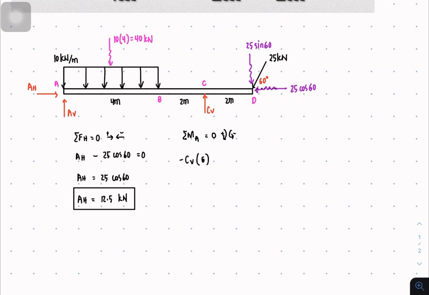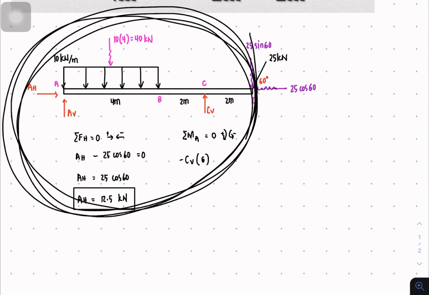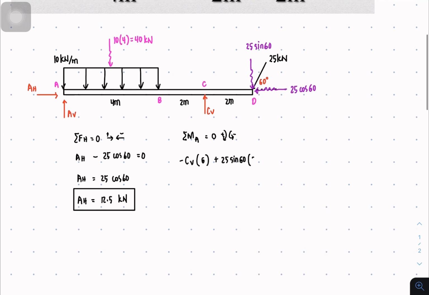The direction of this force is downward, so it's gonna make a clockwise direction about point A. So clockwise, meaning to say it's positive, so that's positive 25 sine of 60 times the distance from this point D towards point A, and that's equal to 4 plus 2 plus 2, that's 8.